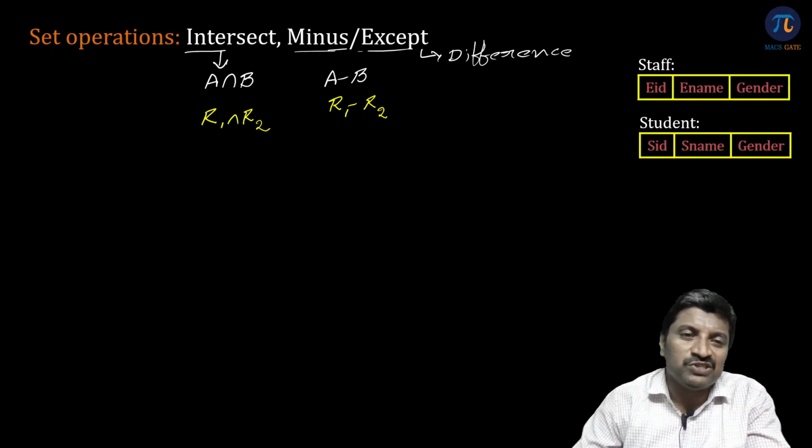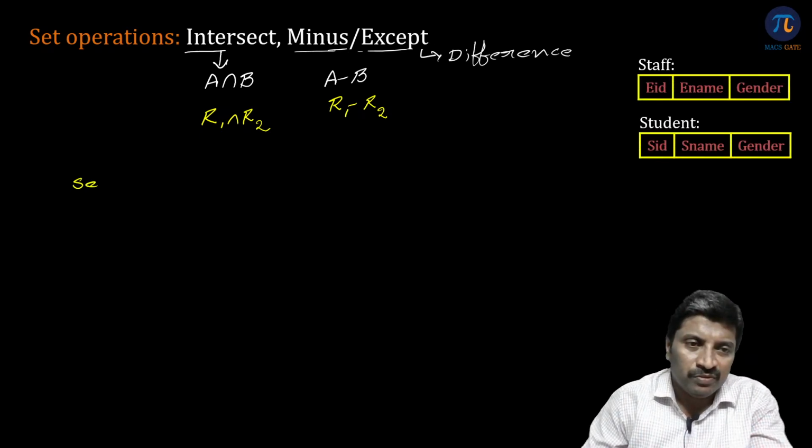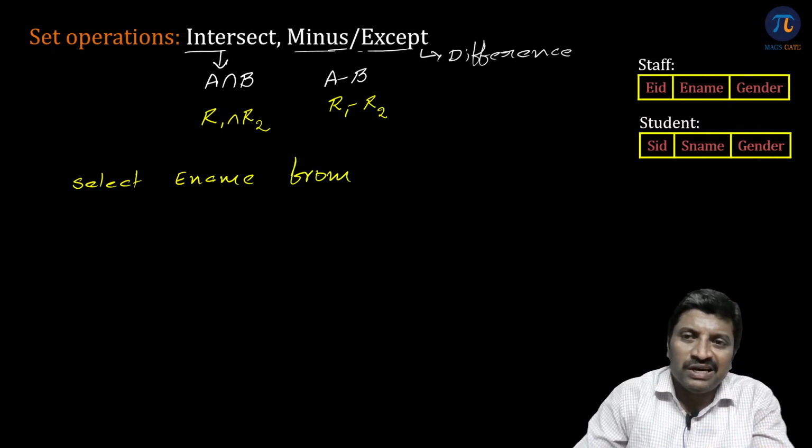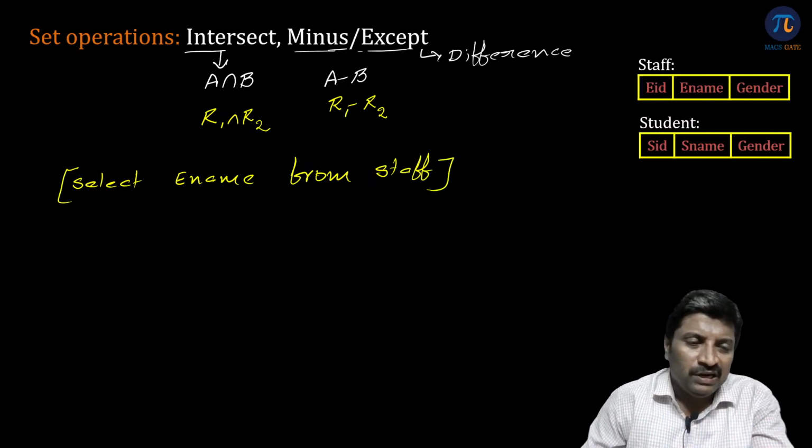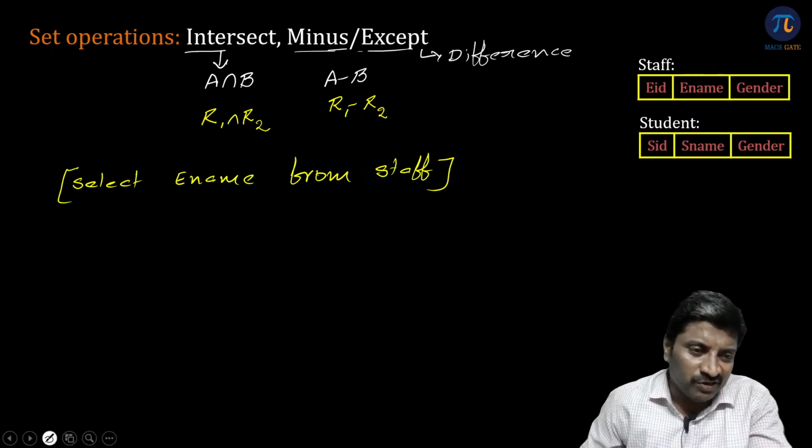Considering the same tables and the same example, I am displaying the names of employees. Select e-name from staff, intersect. That is our keyword.